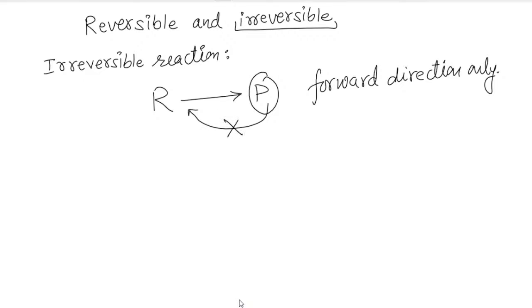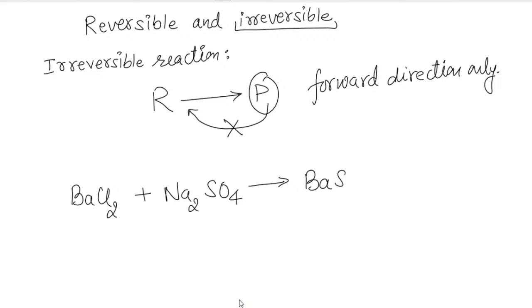Okay. For example, if we have barium chloride and it reacts with sodium sulfate, then when they are mixed together, reaction occurs and we get barium sulfate as a precipitate, along with NaCl.